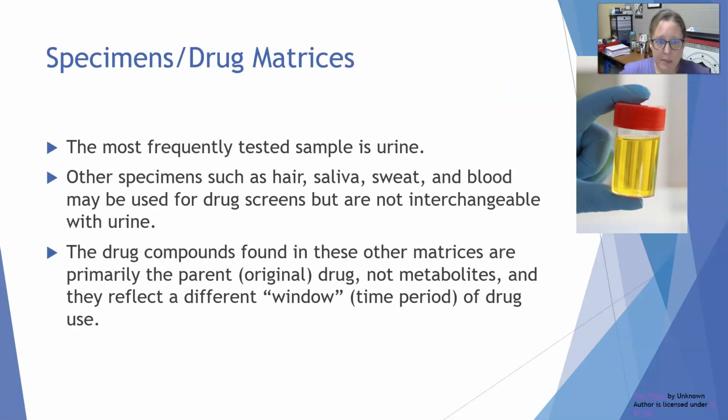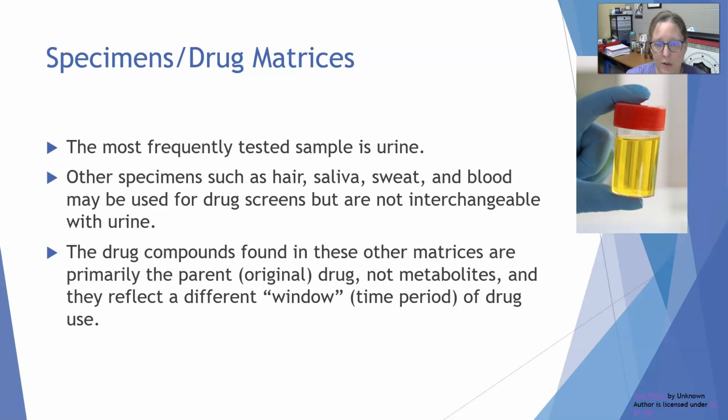So, types of specimens or drug matrices to test. The most frequently tested sample is urine, very easily obtained. But other specimens can be obtained, such as hair, saliva, sweat, and blood. But the results are not interchangeable with the urine drug screen results, and the methodologies are not interchangeable either. I've known, for example, some nursing programs, instead of doing the urine drug screens, do the hair because it captures, I think, a longer span of time.